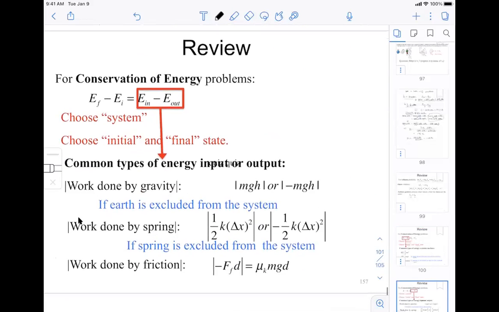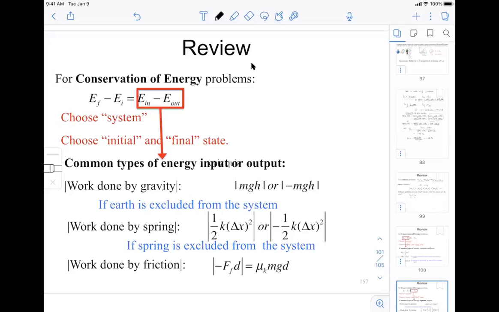So for conservation of energy problems, instead of doing the potential energy of the gravity or the spring, you can choose your system to be the object by itself and exclude Earth and exclude spring. Now, if you exclude them, they become external forces and they can do work, right?